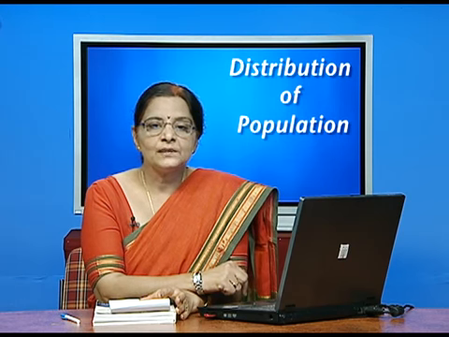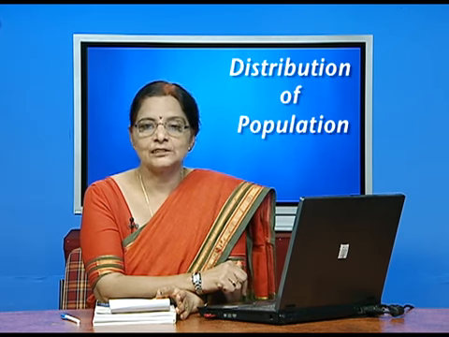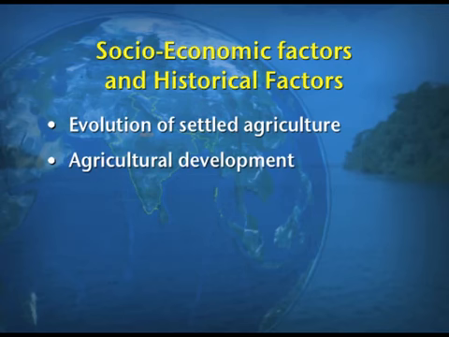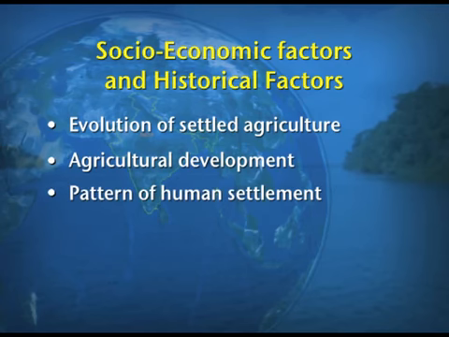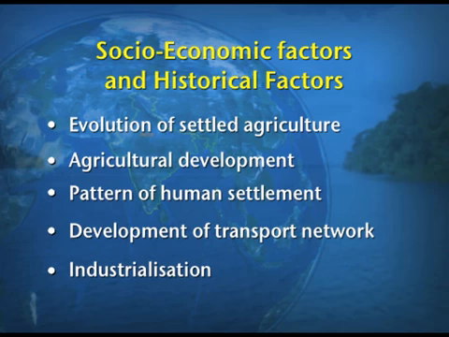Now we take up the socio-economic factors and certain historical factors. For example, the evolution of settled agriculture, agricultural development, pattern of human settlement, development of transport network and industrialization. These are a few socio-economic factors which are responsible for the high rate of population in certain areas.